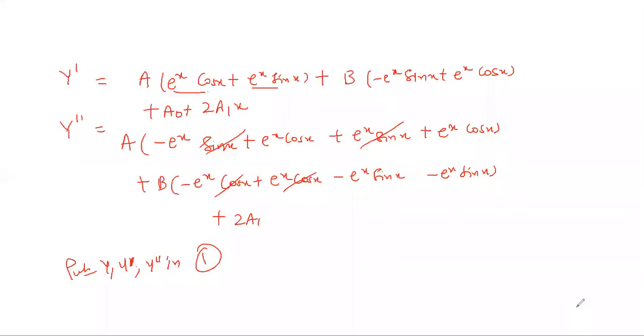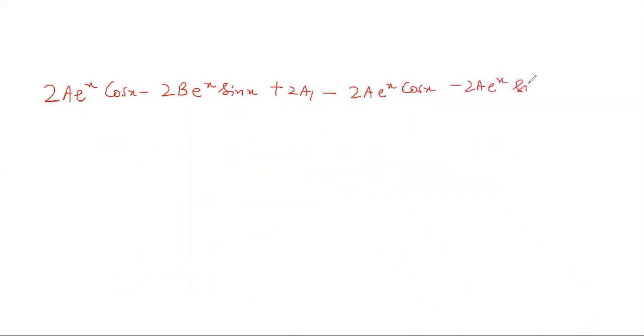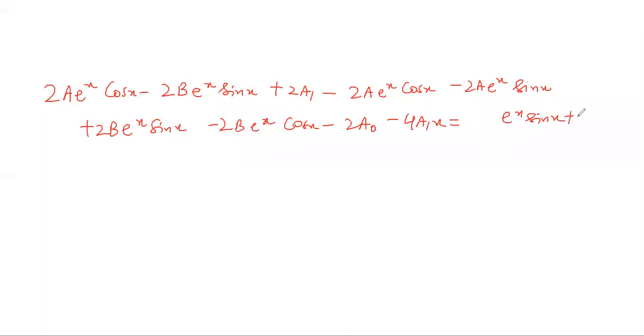When we do that substitution, you are going to get 2a e raised to power x cos x minus 2b e raised to power x sin x plus 2a1 minus 2a e raised to power x cos x minus 2a e raised to power x sin x plus 2b, minus 2b, minus 2a naught minus 4a1x, e raised to power x sin x plus x.